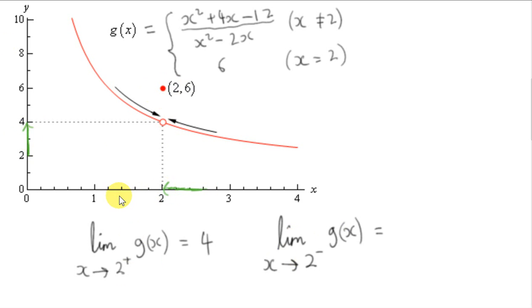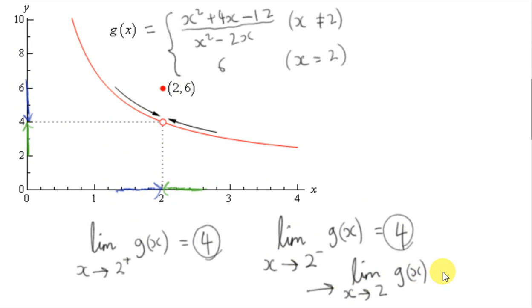So now we're going towards 2 but from the left. We can see that g of x is approaching 4 from above, or from the right if you like. So this limit is also 4. Since both of these values are the same, we can say that the limit as x tends towards 2 of g of x is 4.